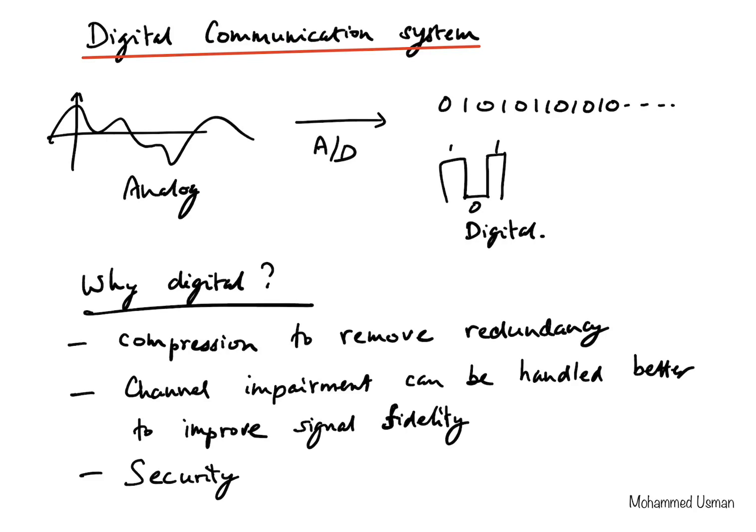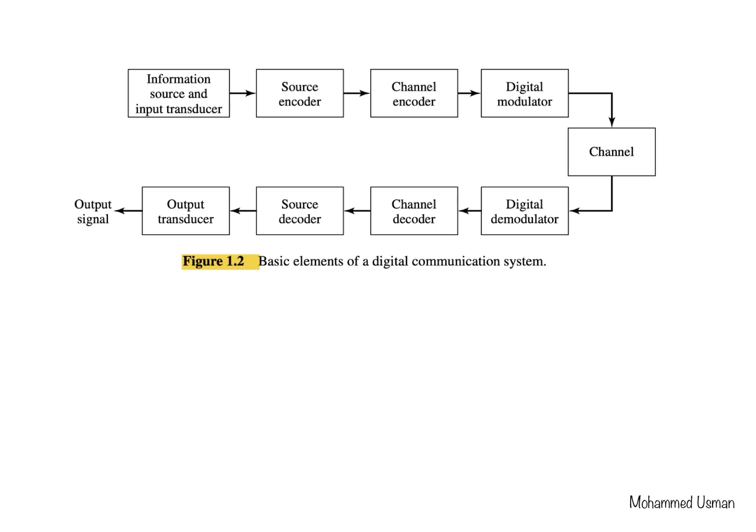So let us now have a quick look at the block diagram for a digital communication system. Like before, we have a source of information, an input transducer that produces the information signal. Here we consider that the information signal is digital in nature, that is, in the form of ones and zeros.